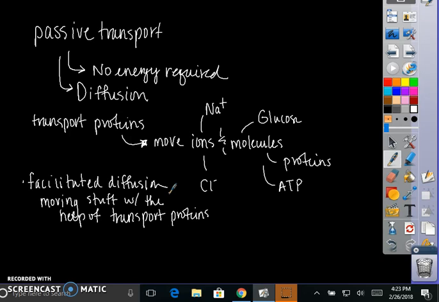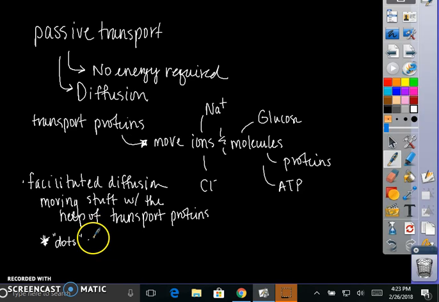We're going to take what we call a commercial break at this point. I have these dots, and I thought it would be really cool for us to review some elements of facilitated diffusion, but also to take a look at isotonic, hypertonic, and hypotonic solutions.